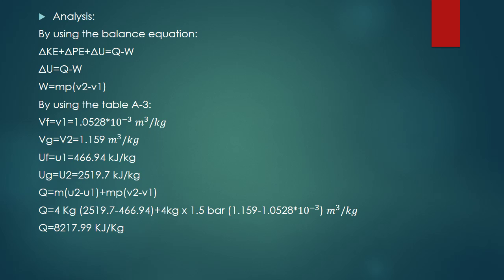And we can substitute our numbers: 4 kilograms times 2519.7 minus 466.94, in kilojoules per kilogram, plus 4 kilograms times 1.5 bar times 1.59 minus 1.528 times 10 to the negative 3 cubic meters per kilogram.